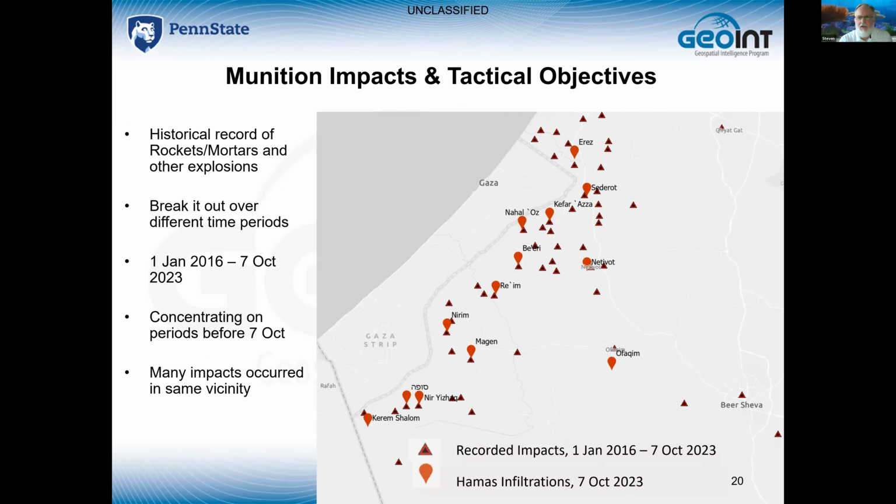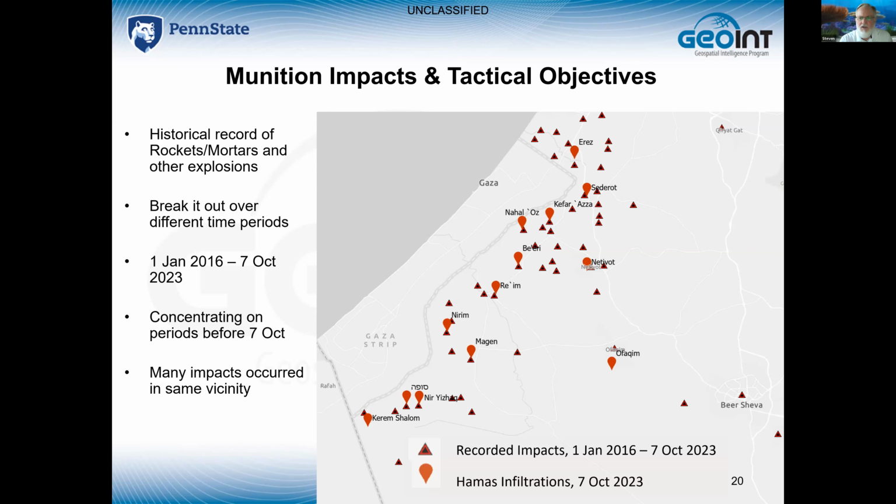Mission impacts and tactical objectives. This basically shows every place they've struck from January 1st, 2016 through October 7th. It's a bit deceptive because they've struck several of these more than once. But I'm just showing this as illustrative to show, for one thing, they've struck these same places they've infiltrated on October 7th.